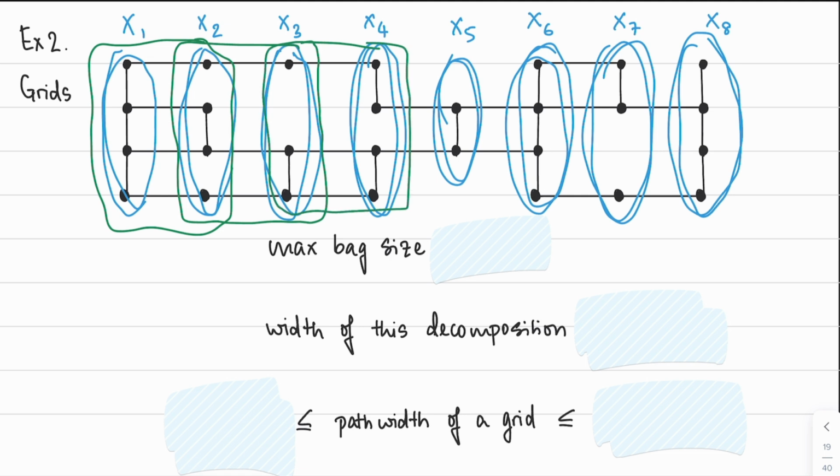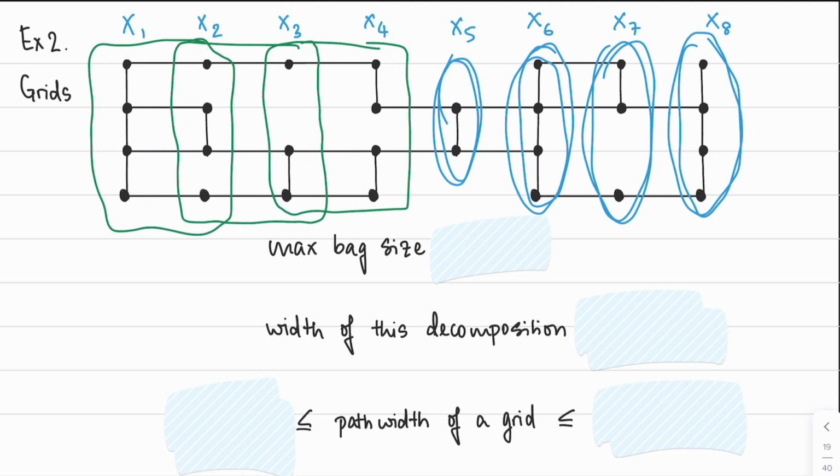Okay, so if we do the bags 2 columns at a time, then we see that we do in fact meet all the criteria for a path decomposition, because every edge goes between adjacent columns or adjacent rows. Let's consider an edge that goes between columns i and j.